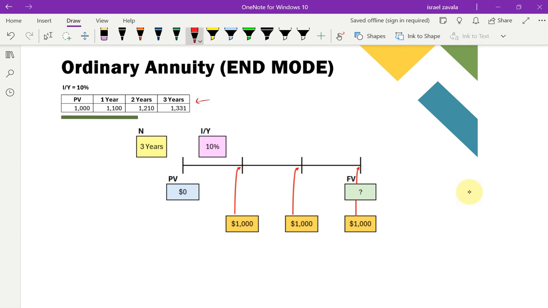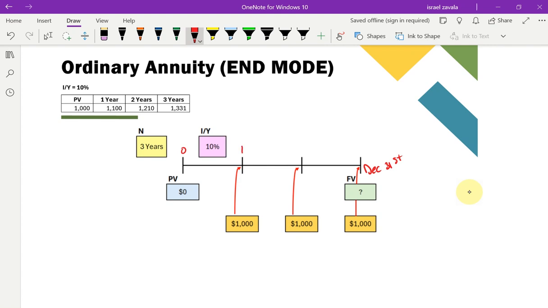We have a problem with 3 years, compounding at 10%, present value of 0, and 3 payments of $1,000 made at the end of each year. And we are looking for future value. So if you look at the arrows, let me just remove this to clean this up. Each of the arrows is pointing to December 31st of each of the 3 years.